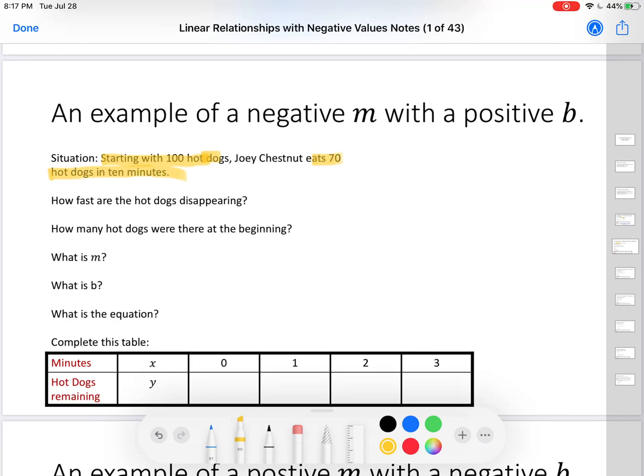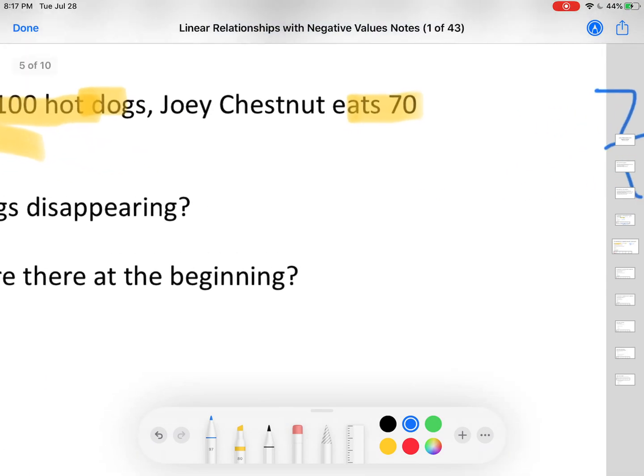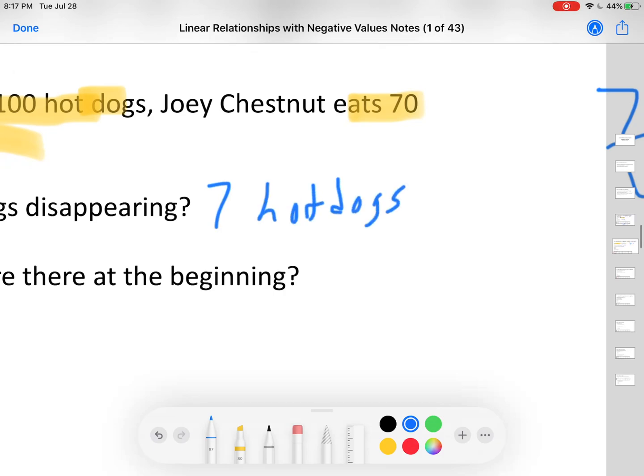If he is eating the hot dogs, do we have more hot dogs or fewer hot dogs? We have fewer hot dogs. So, how fast are the hot dogs disappearing? Well, 70 divided by 10 is 7. So they are disappearing at a rate of 7 hot dogs per minute.